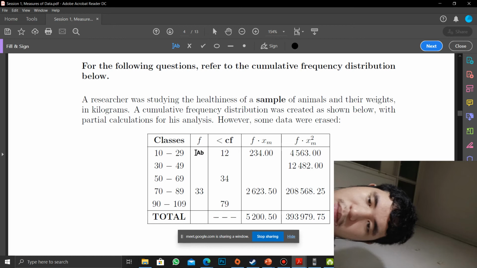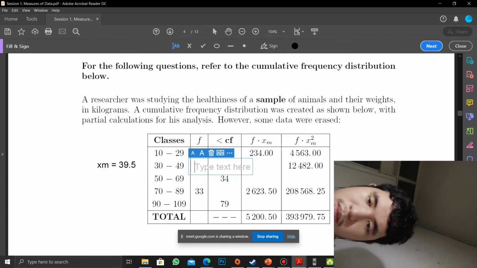So, dapat, alam natin 12 to. Diba? Next, given tayo nito, 12, 482. Diba? Ano ulit yung class mark nito? O yung XM nito? XM equals 30 plus 49 divided by 2. That is 39.5, diba? So, we can get yung frequency from doing that, no?